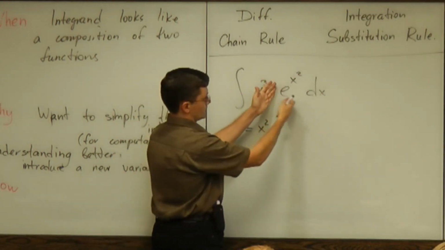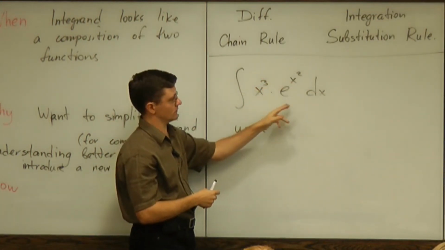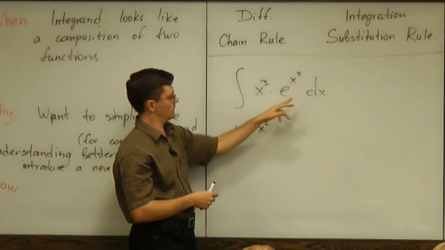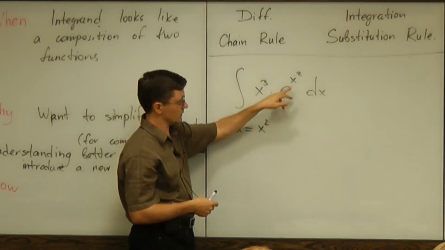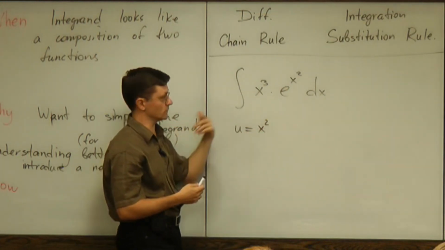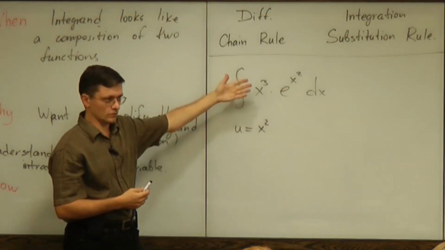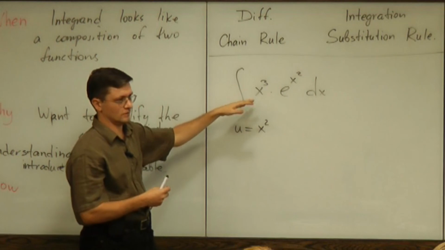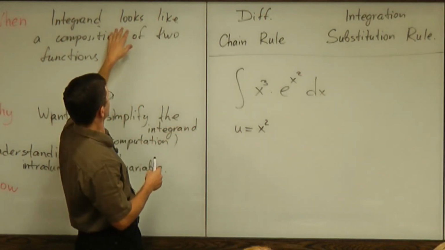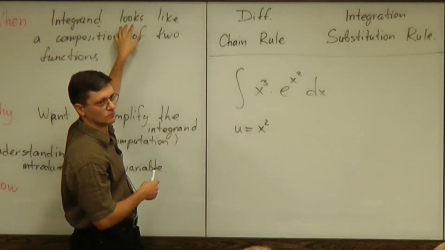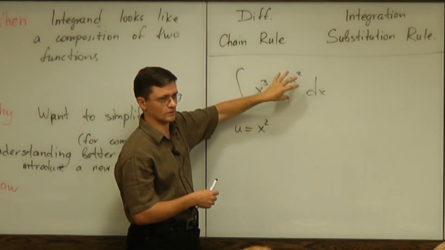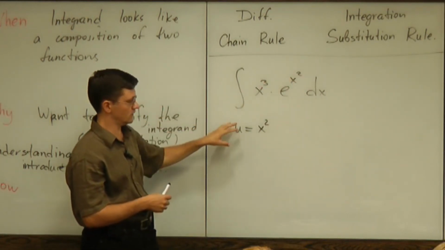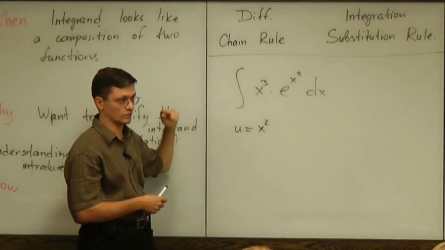But there is this major part that you want to simplify. X cubed is already simple enough. You want to simplify that x squared, so that's why you may want to look at this as almost a composition. Looks like means that at least a part of it, the complicated part, is a composition, but the rest may not be.